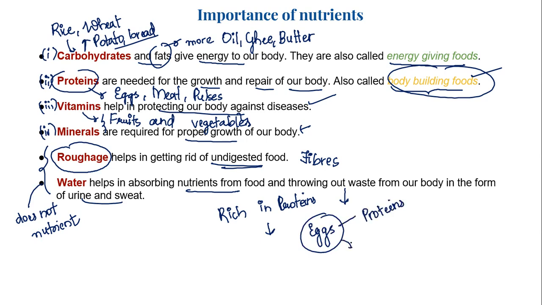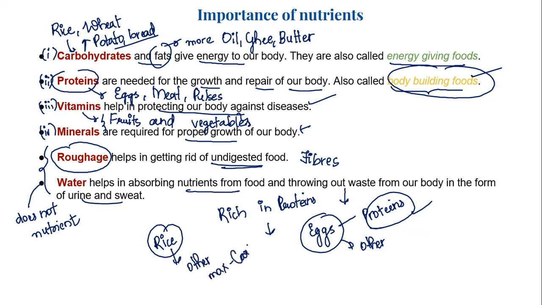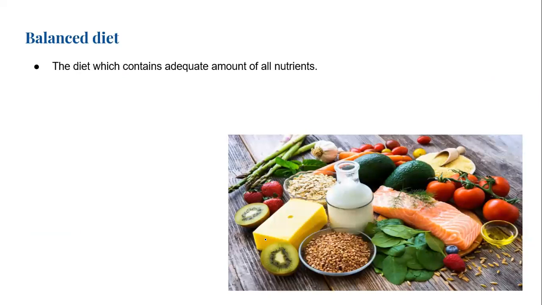It has the other nutrients also, but the maximum amount is protein. That is with respect to any food. Even if it is rice, rice will not contain only carbohydrate. No, it will also have the other nutrients, but the maximum will be the carbohydrates. Okay, so this is about the importance of the nutrients.